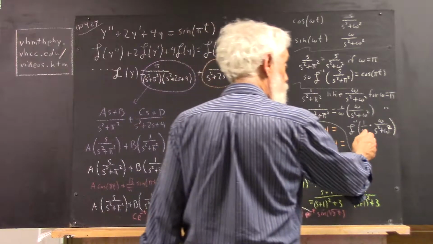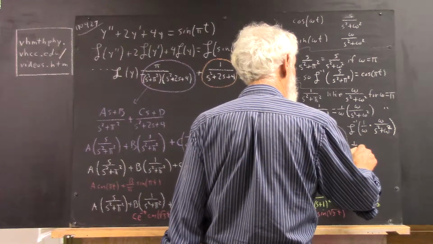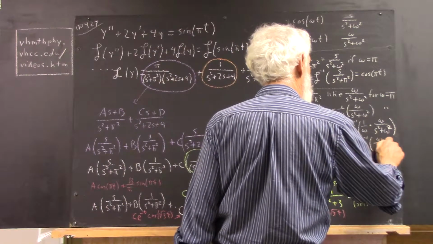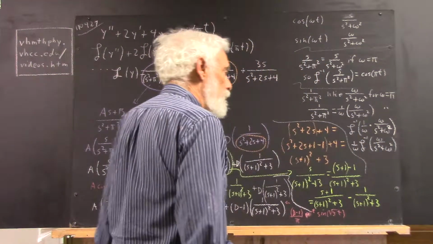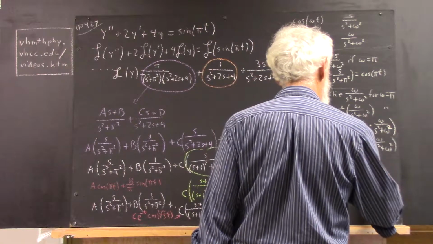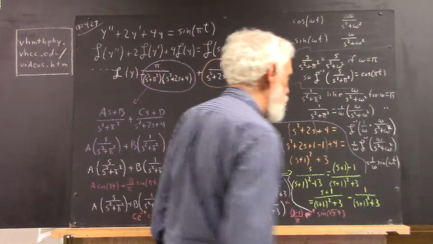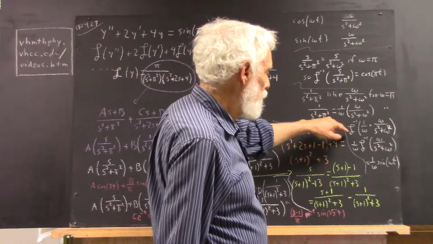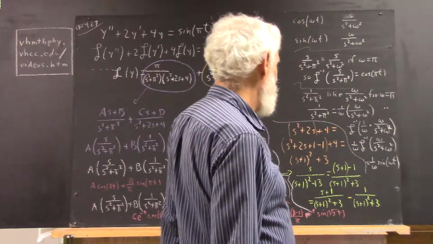Omega is just a constant. In this case it's pi, but I haven't written it that way. It's 1 over omega times the inverse transform of omega over S squared plus omega squared. And of course the inverse transform of this is sine of omega t. So this equals this, and the inverse transform of this then equals 1 over omega sine omega t.